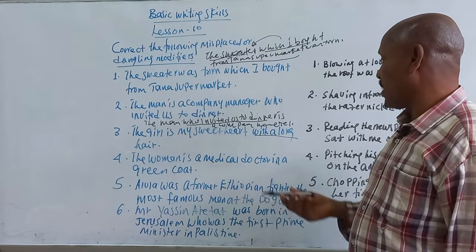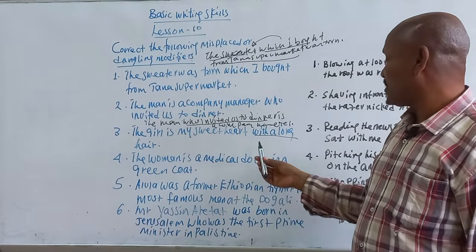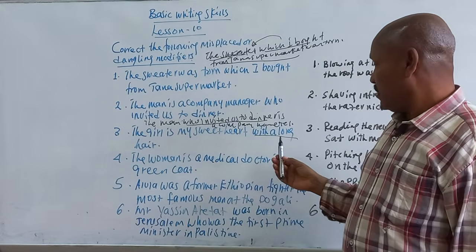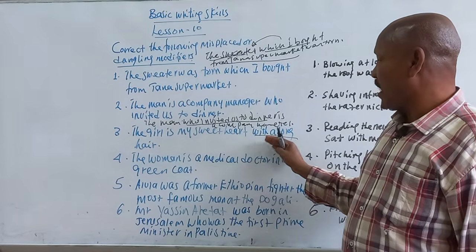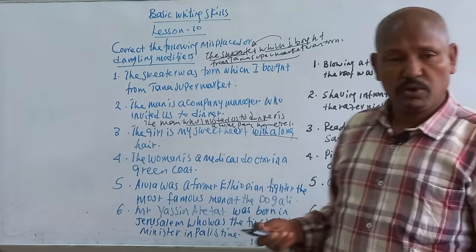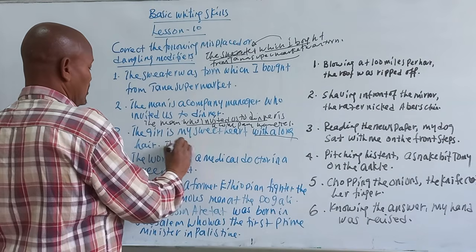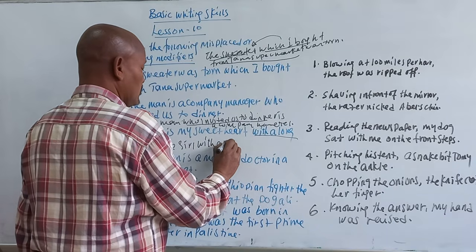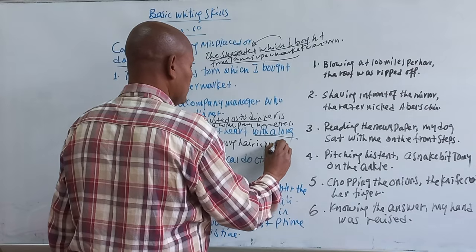This "with a long hair" is called what kind of phrase? It's a prepositional phrase. With a long hair, this is a prepositional phrase. So look here: "The girl is my sweetheart" is meaningful, but there is nothing that "with a long hair" describes. So to write it correctly, I can write it: The girl with a long hair is my sweetheart.